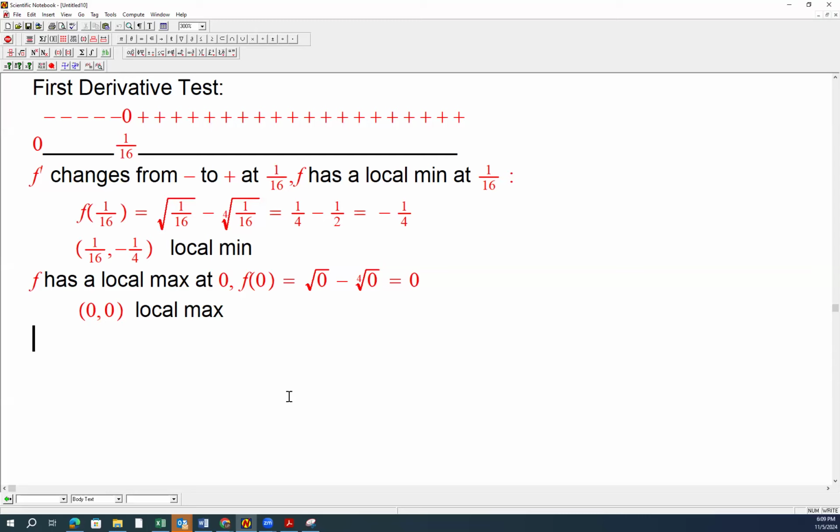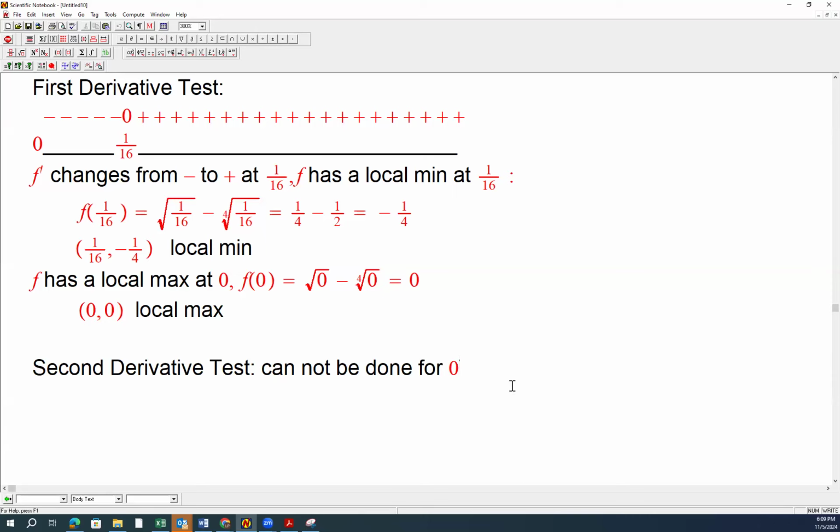Obviously, we cannot do the second derivative test at 0 because you cannot plug in. The second derivative test cannot be done for 0.